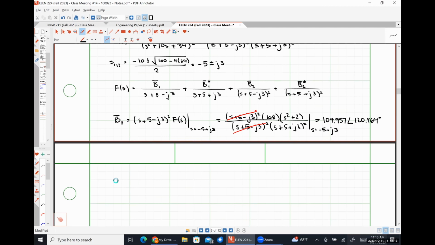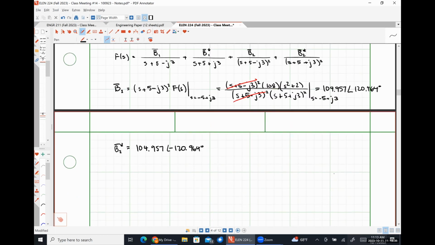So our coefficient B2 conjugate is literally just going to be 104.957 angle negative 120.964 degrees.